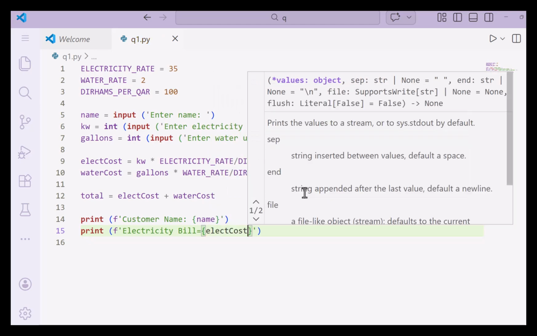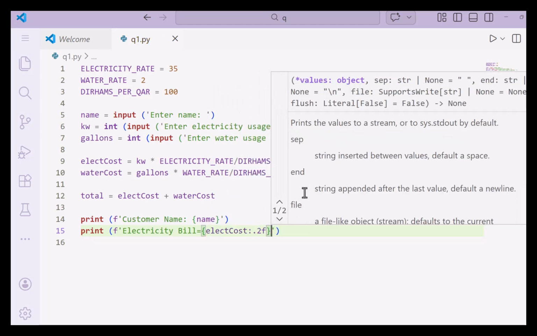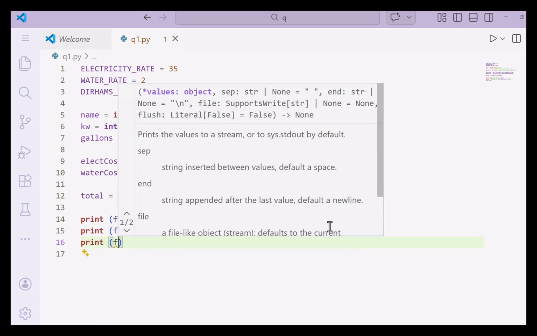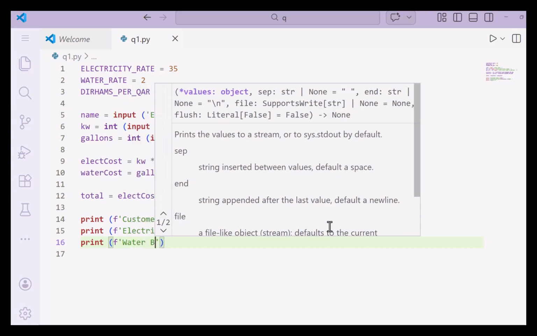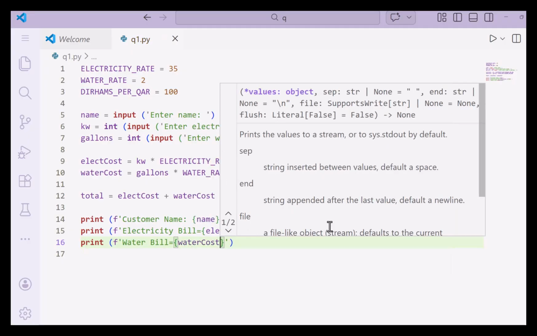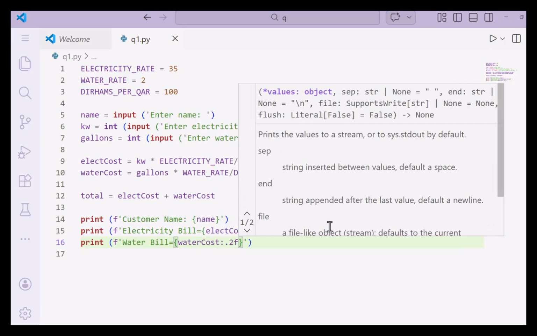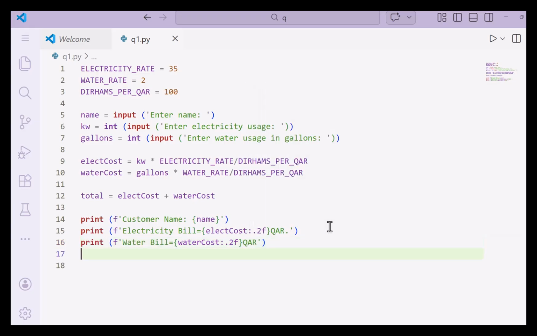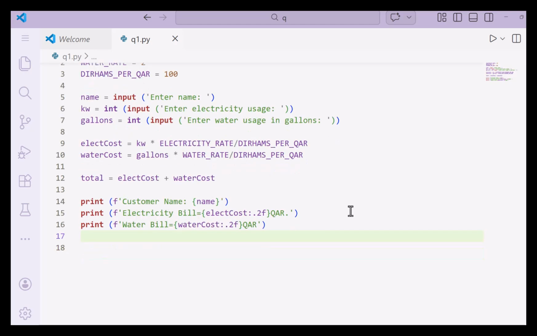and we can format it :.2f, and here we say QAR, which is Qatar Riyal. And finally, water cost F, water bill is equal to water cost :.2f and QAR, and the total, let us say, is equal to both already calculated here.